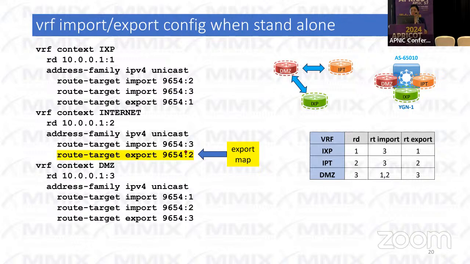In reality, I highlighted here in yellow. In my real configuration, I am using a route export map because DMZ does not need international routes, just the default gateway. For simplicity in this presentation, I just show the route target export line. In reality, I'm using an export map. So as not to confuse, I'm showing the simple configuration.